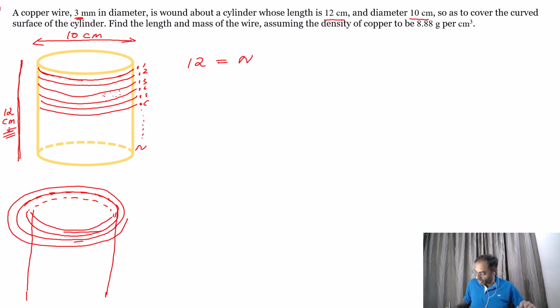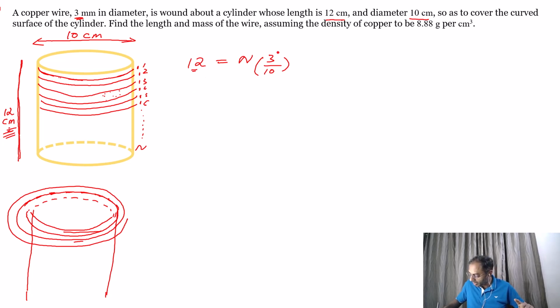Each rotation has a width of 3 millimeters, the diameter of the wire. Since everything else is in centimeters, if I convert that into centimeters, it will be 3 by 10. With this, we can find the number of rotations of the copper wire: n times 3/10 equals 12.